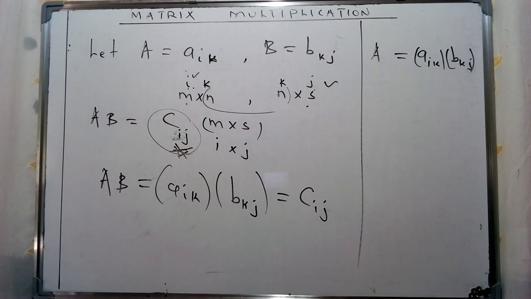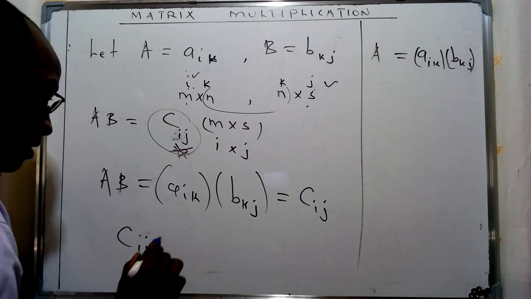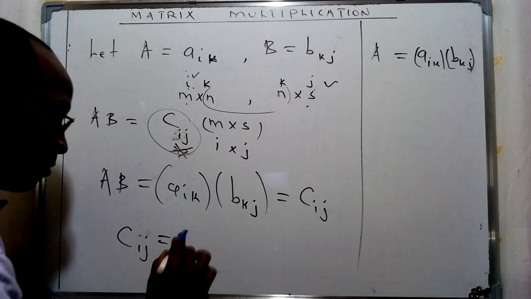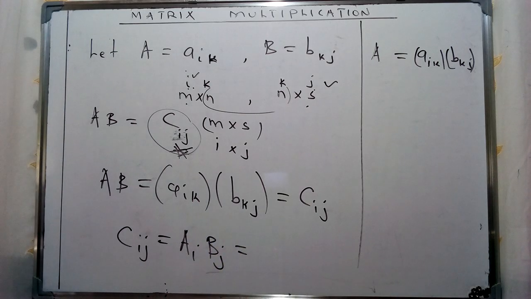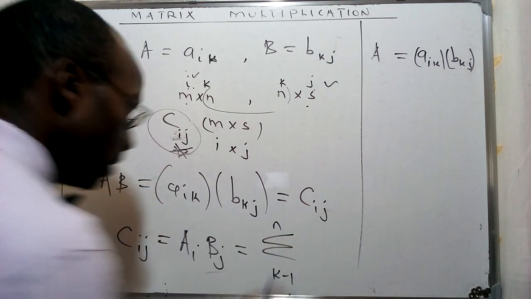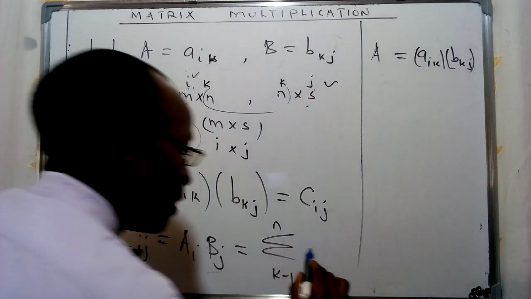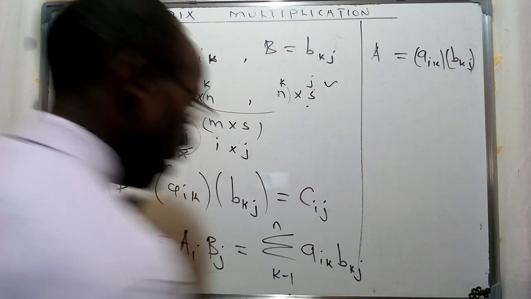So we can give a general representation of this specific product c_ij, given in terms of the product of A_i and B_j, which are going to give us the sum of elements from k equals 1 to a particular value of n over a_ik and b_kj given as such.